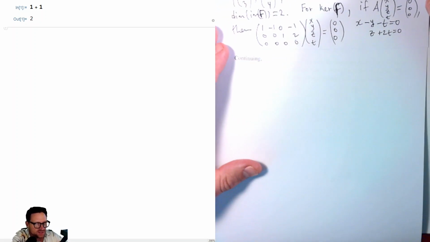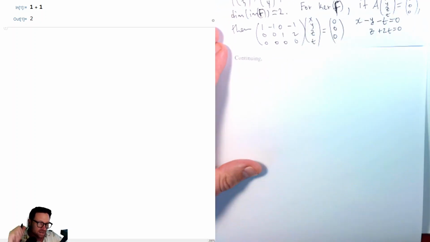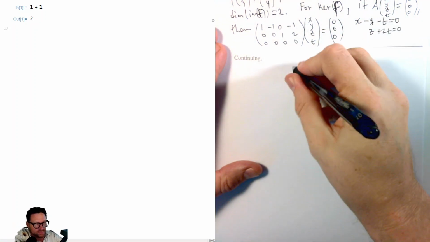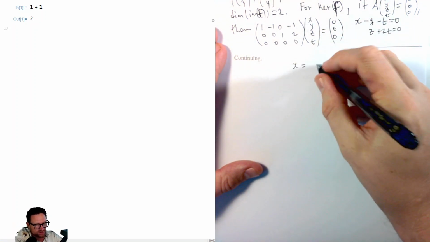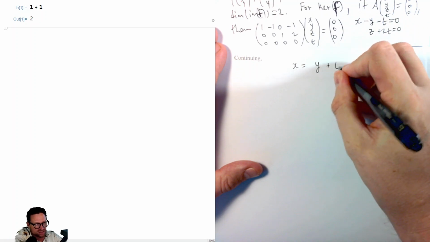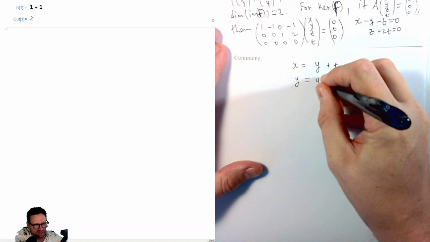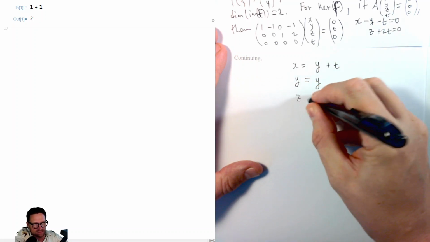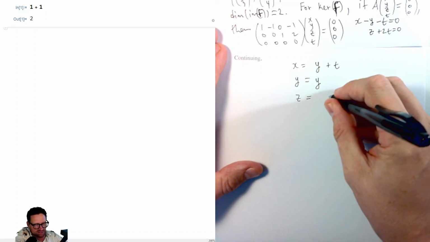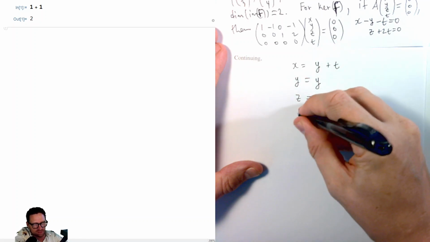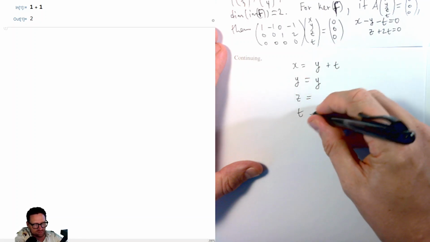We want to solve this for x and for z. So x is equal to y plus t, y is equal to y, z is equal to minus 2t, and t is equal to t.